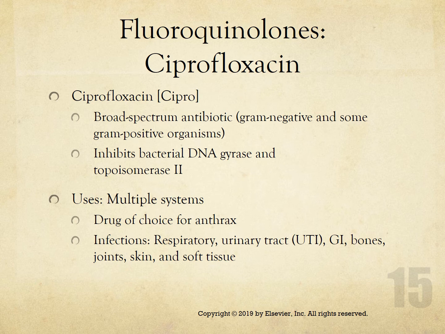It is a drug of choice for anthrax, and that's important with our concerns now with bioterrorism. But we use it and have used it for years for respiratory infections, for UTIs, for GI, bone, joints, skin, and soft tissue infections.